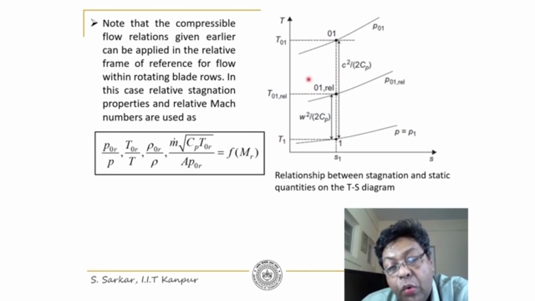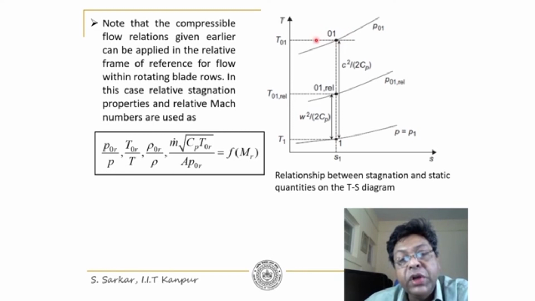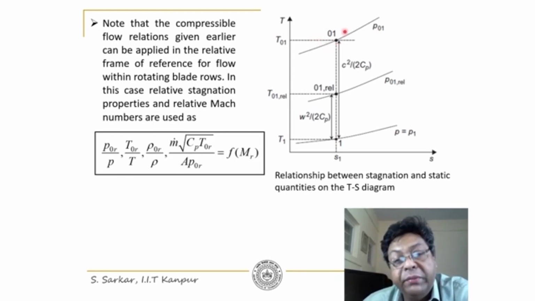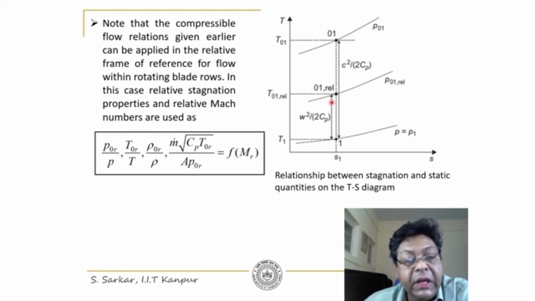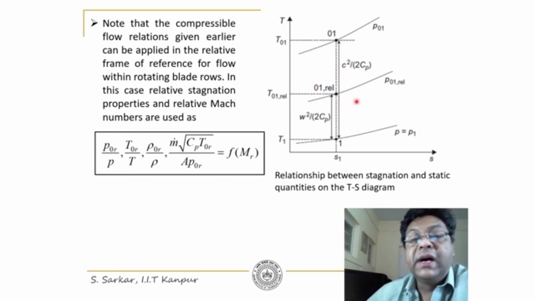So this is 01R, and this is 01 for the stationary frame of reference. So for the stationary frame of reference, total condition is denoted by 01, and for the relative frame of reference it is denoted by 01 REL.